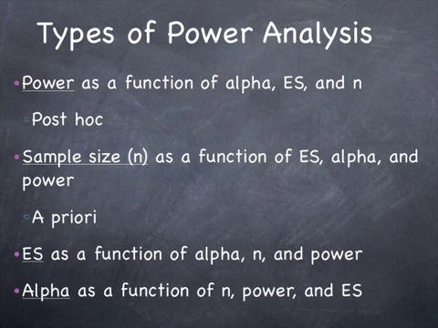Is this of much use? So we want to determine our effect size as a function of alpha, n, and power. What good would that be? Do we have much control over the effect size? Some, maybe.